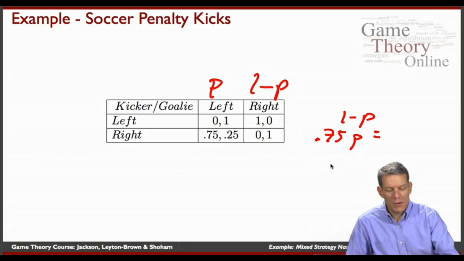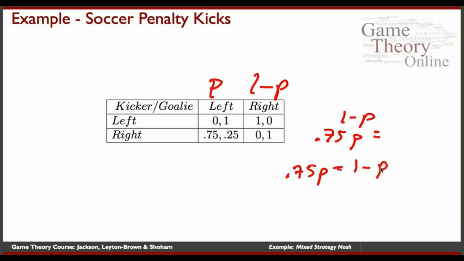So what do we end up with? We end up with 0.75p equals 1 minus p. So 1 equals 1.75p, or p is equal to 1 over 1.75, which is equal to 4/7.